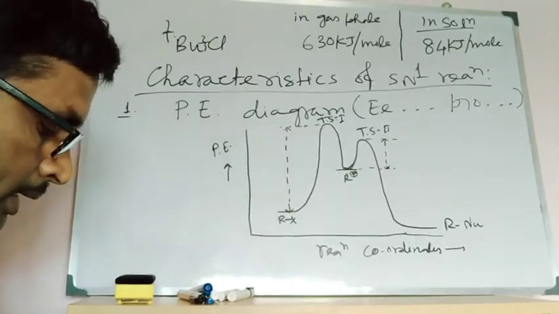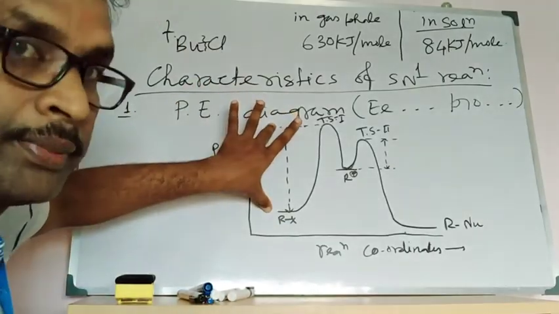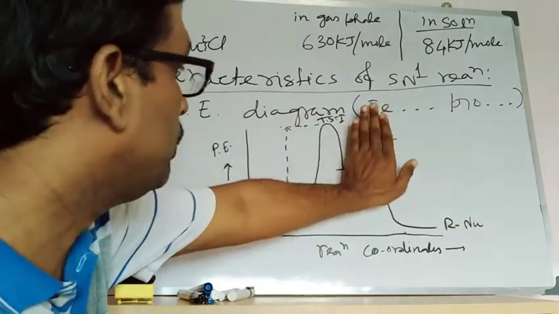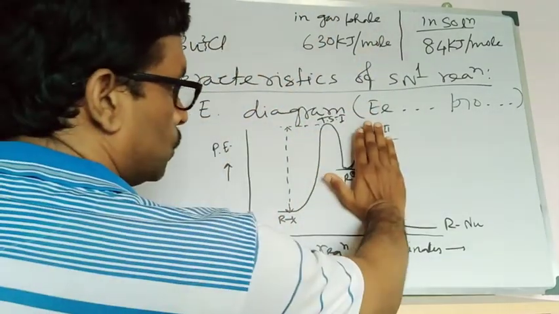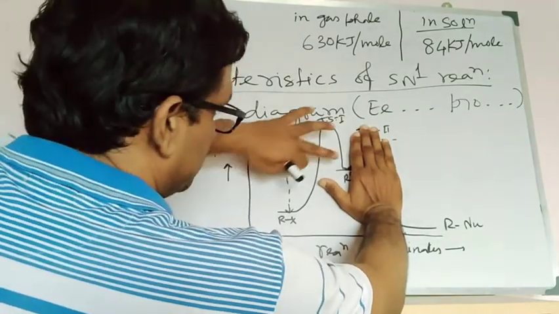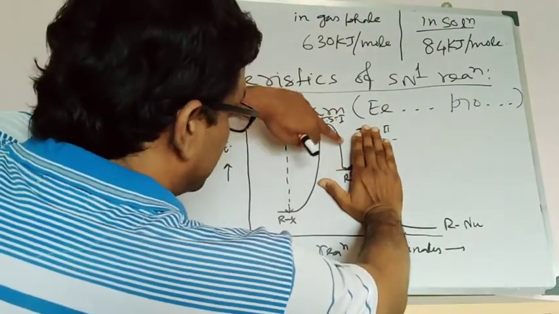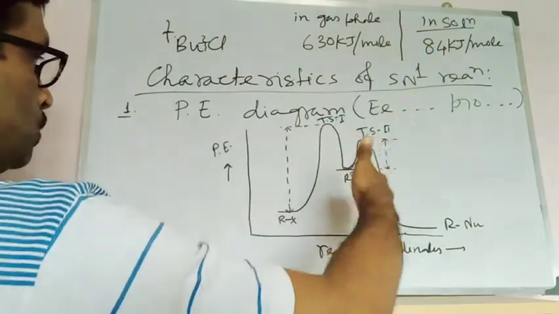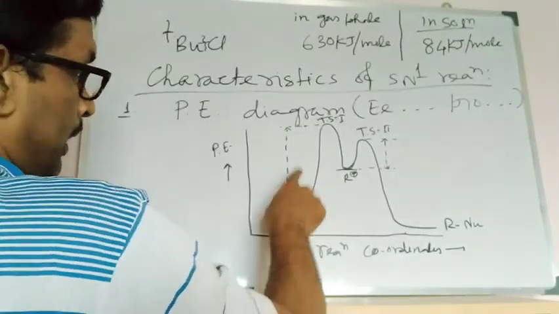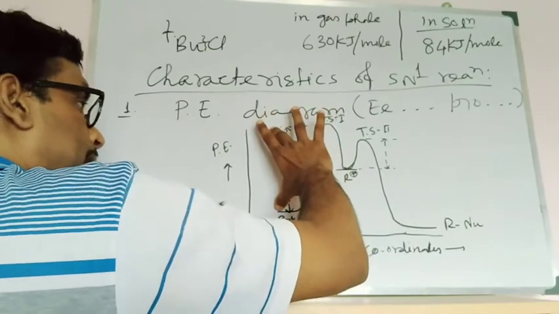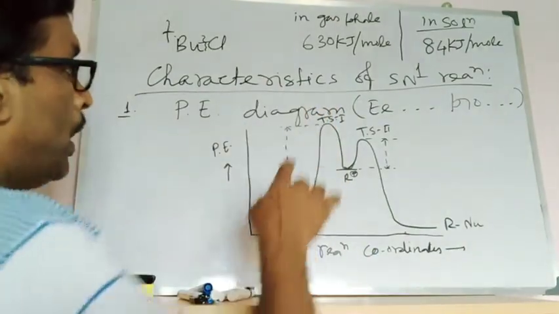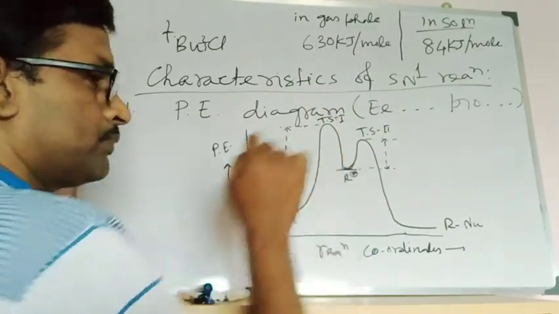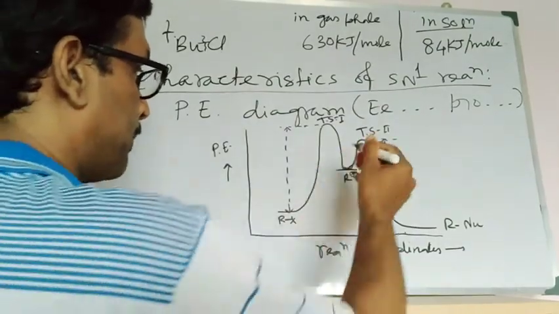So in this way we can explain why the first step, the formation of the carbocation, is the slow step. This one is an endothermic reaction, so we must supply some energy through solvation or otherwise. So it requires higher activation energy to reach this transition state and collapse to R plus and X minus.